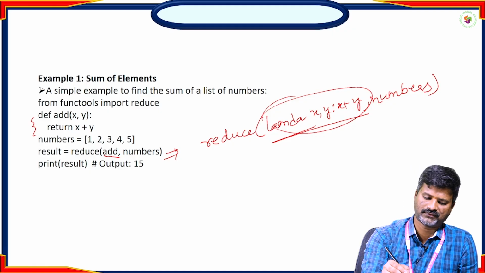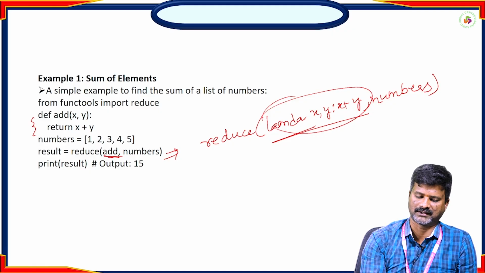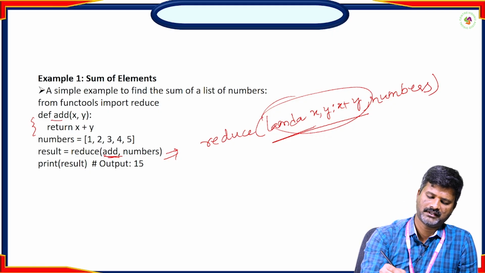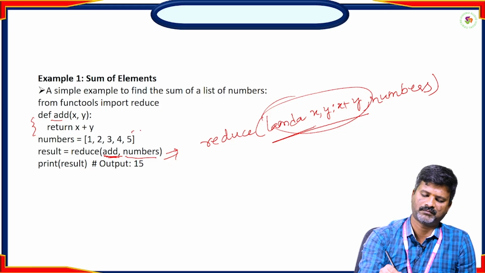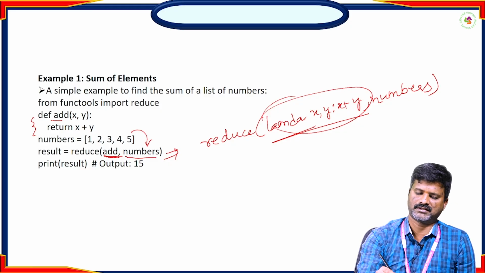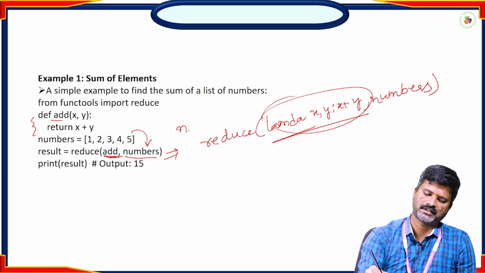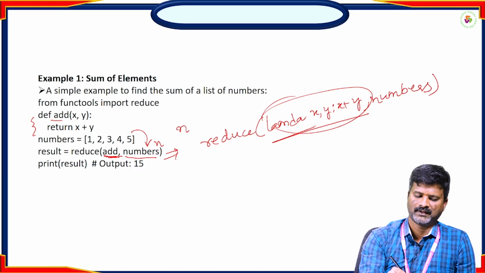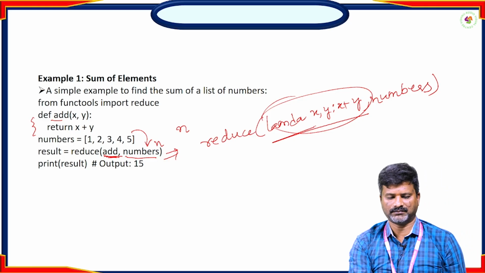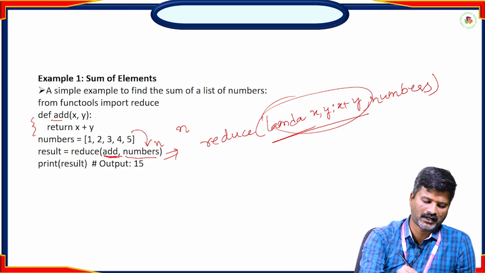So maybe a lambda function is used, but finally we need to pass one function. If you are passing a user defined function, that function name you need to pass. Here the function name is add, so add you need to pass, and whatever iterable you are using, that iterable name you need to pass. If it is numbers, or suppose n, you can pass n here, and simply it will perform. If you observe the reduce function, you are not using any typecasting, is it right?